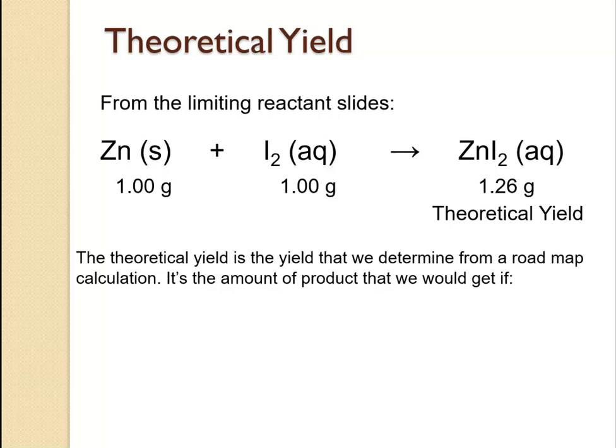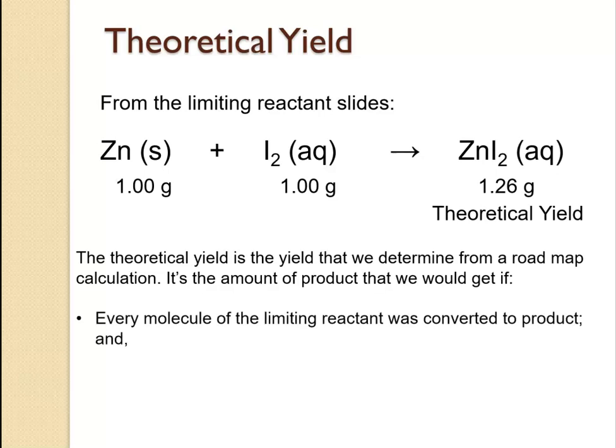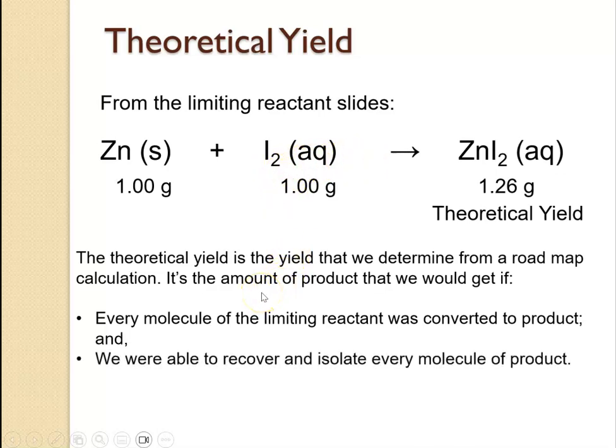It's the amount of product we would get if, and the ifs are, if we were able to turn every single molecule of the limiting reactant, which in this case is iodine, into product, and that rarely happens. There are usually side reactions that can occur. And if we did that, we were able to recover every single molecule of the product and isolate and purify it.